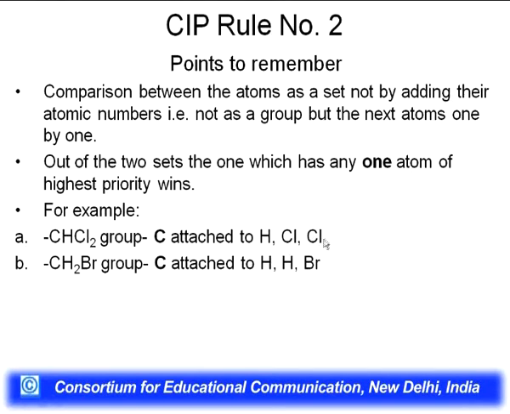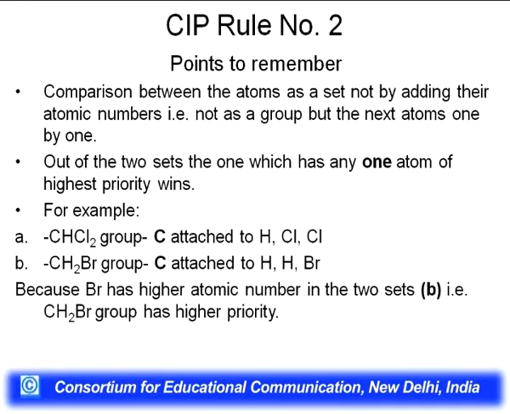So, we have 2 sets of 3 atoms here, H Cl Cl and H H Br. What would be the answer? Can you think over it? What I said is you have to look for the highest atomic number atom out of these 2 sets, which is bromine. Because bromine has the higher atomic number in the 2 sets, CH2Br has the higher priority out of the 2 groups.